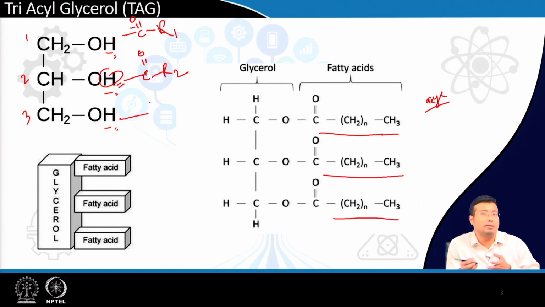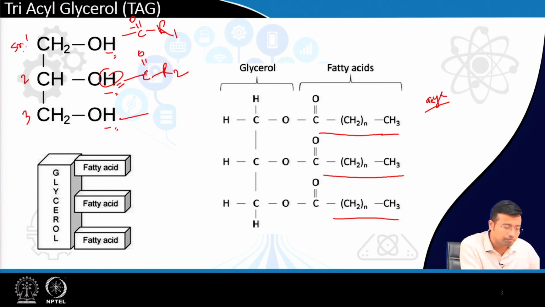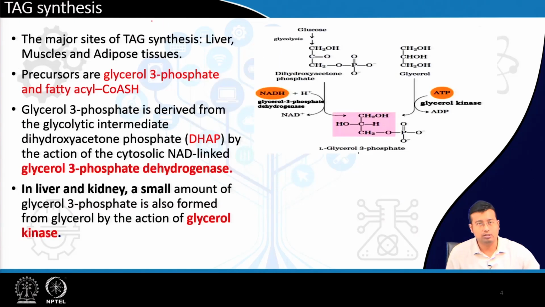As you know from organic chemistry, these positions are known as SN1, SN2 and SN3. When all three positions are replaced by acyl groups, it is triacylglycerol, which is also abbreviated as TAG.